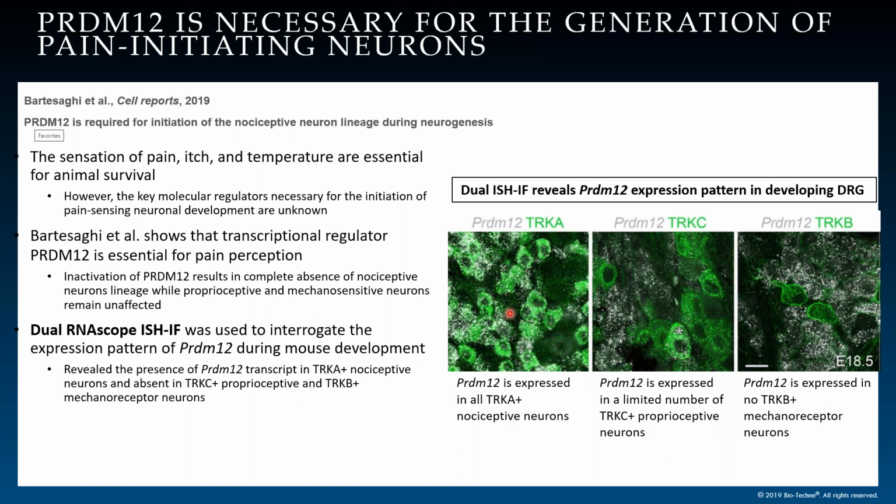As you can see here, they co-localized the PRDM12 with TRK-A, C, and B antibodies and found that PRDM12 co-localized nicely with the TRK-A positive neurons, but not so much with TRK-C or TRK-B positive neurons.